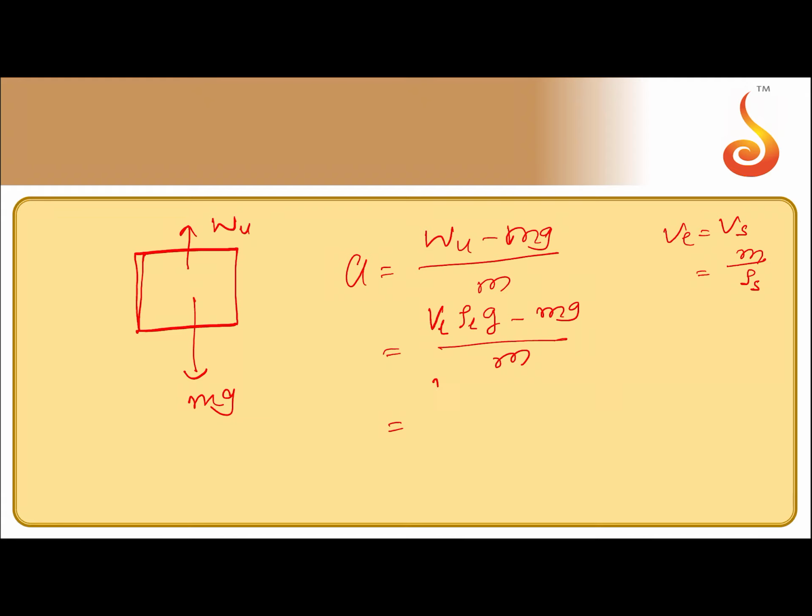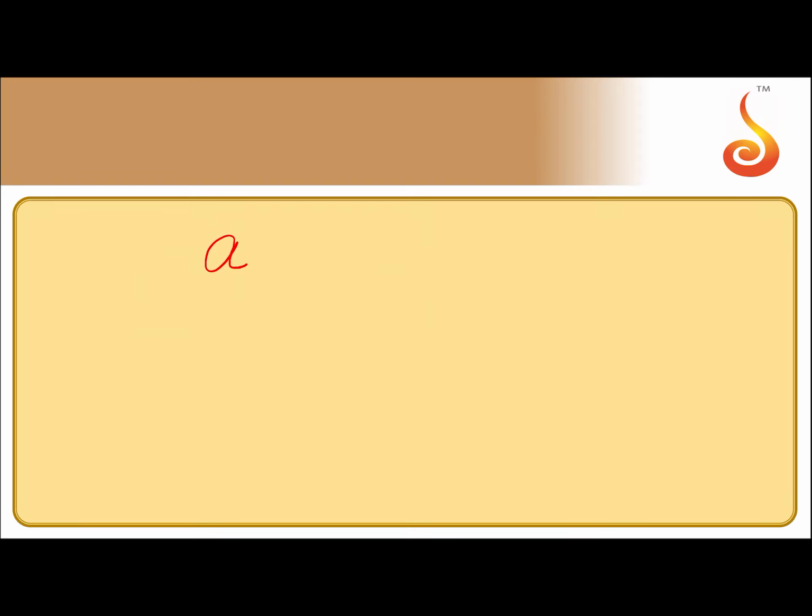So I have m divided by density of solid into density of liquid into g minus mg divided by m, or it is simply rho L divided by rho s minus 1 into g. So you can substitute here. Density of the liquid is known to us, and m is also given, even though it's not required completely. Upon simplification you get initial acceleration is equal to 2.5 meter per second square.